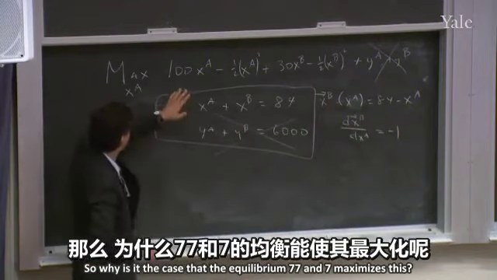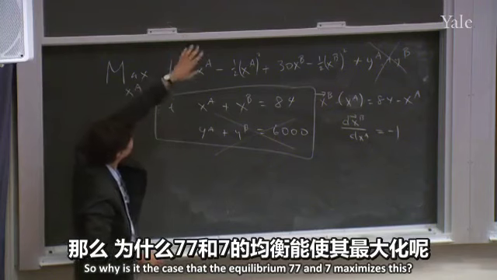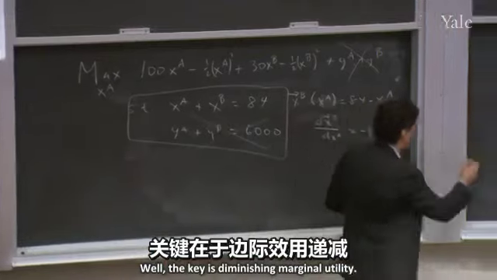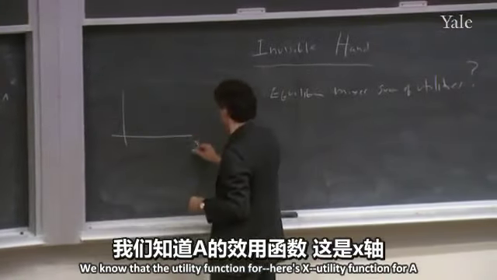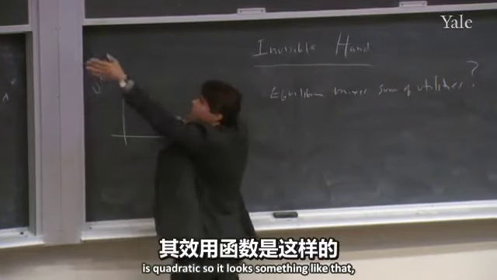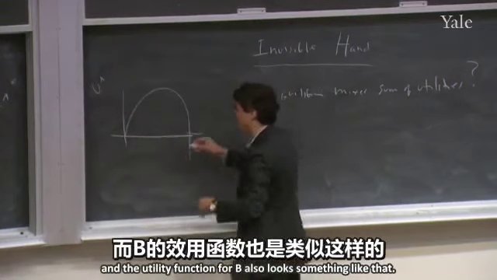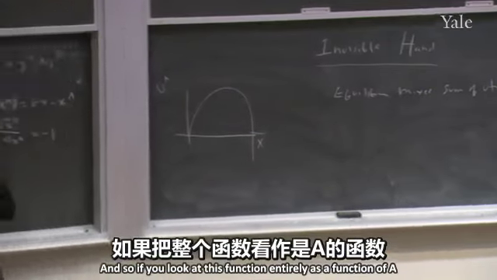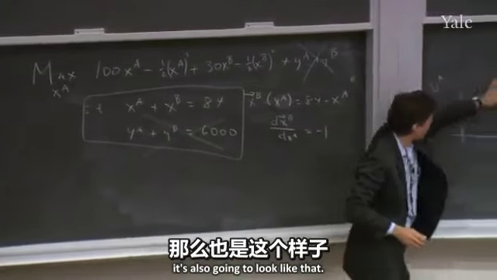Okay, so why is it the case that the equilibrium 77 and 7 maximizes this? Well, the key is diminishing marginal utility. We know that the utility function for A, here's X, is quadratic, so it looks something like that. And the utility function for B also looks something like that. And so if you look at this function entirely as a function of A, it's also going to look like that.